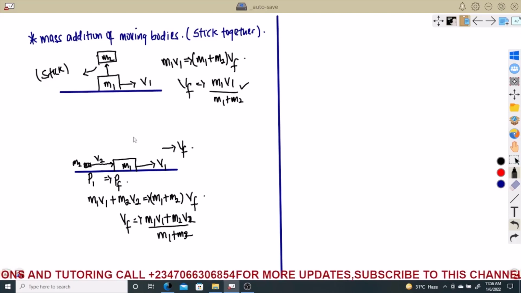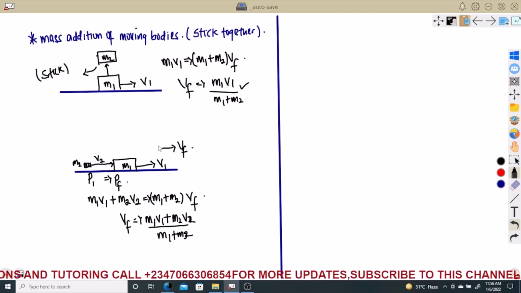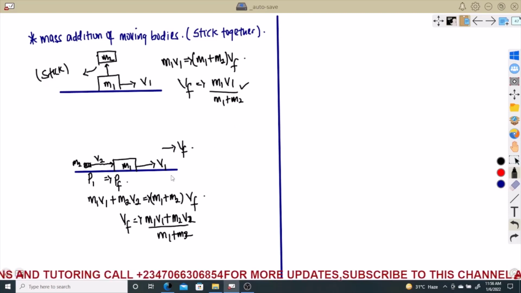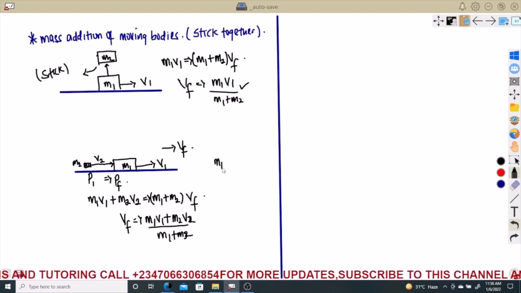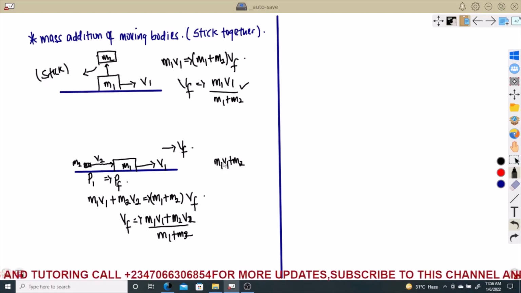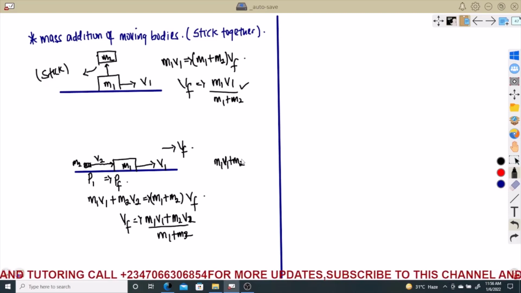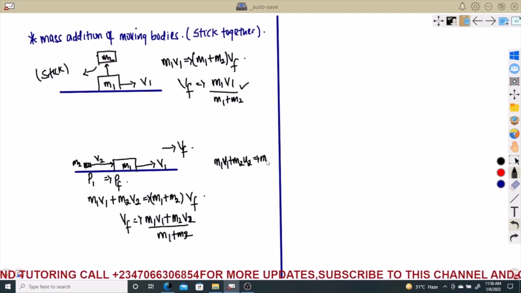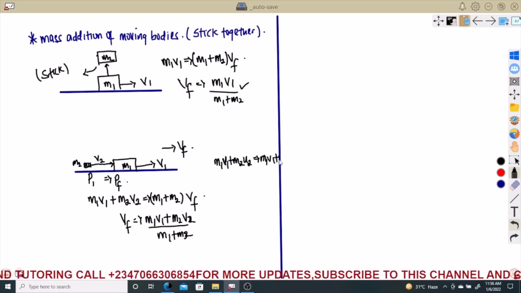And you can also have another situation whereby the bodies are not sticking together. Maybe they are moving separately, and in this case you can say, let's say initial as U, M1 U1 plus M2 U2 is equal to M1 V1 plus M2 V2.